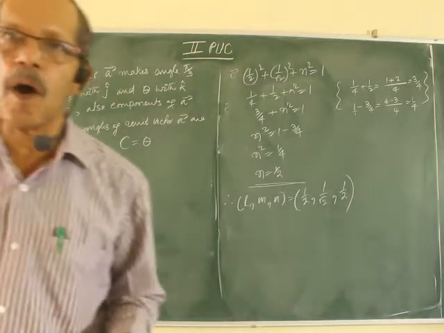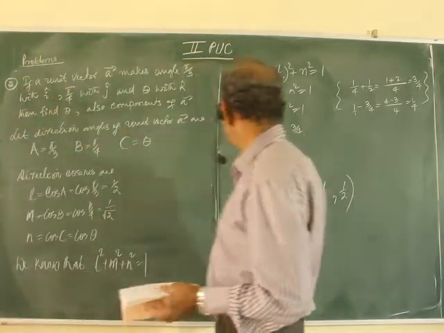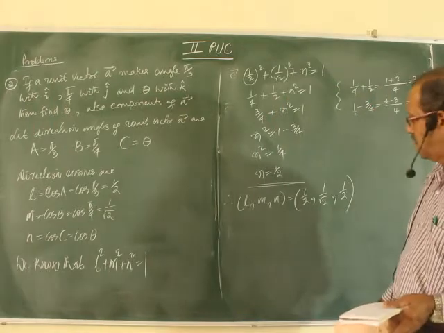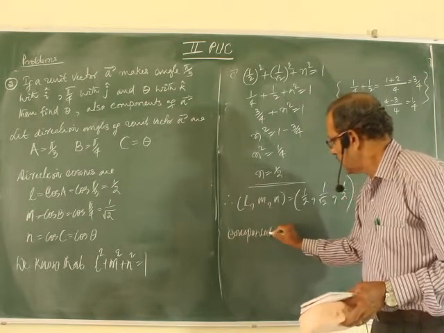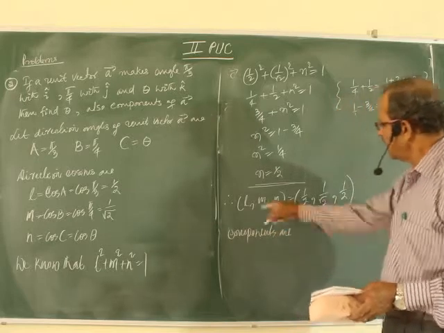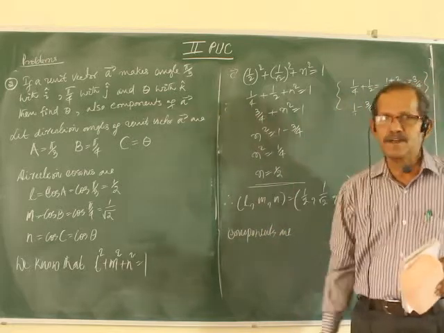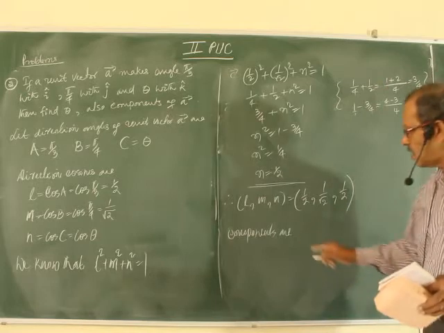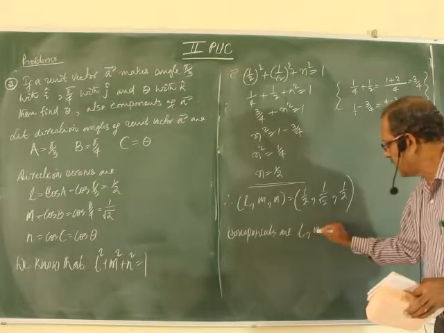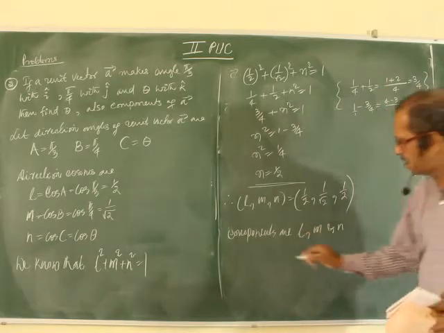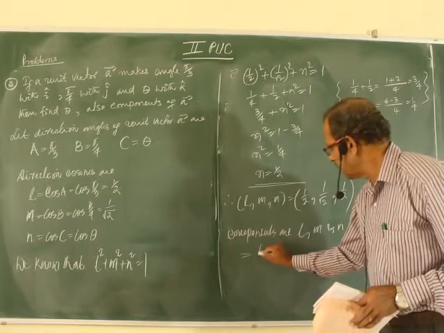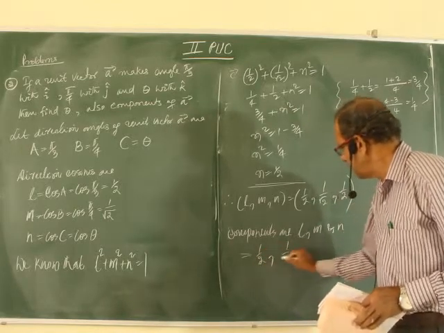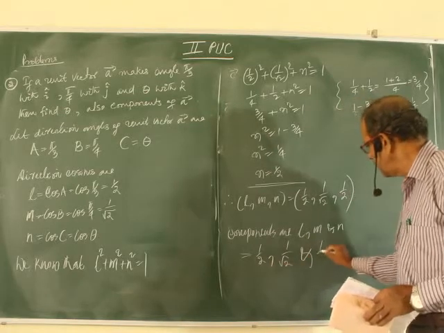Also find the components. Unit vector components. So the components of the vector are L, M, N itself, because it is a unit vector. L, M and N equal to 1 by 2, 1 by root 2 and 1 by 2.